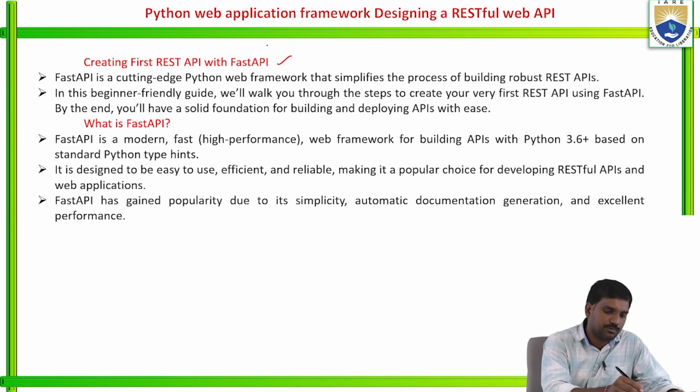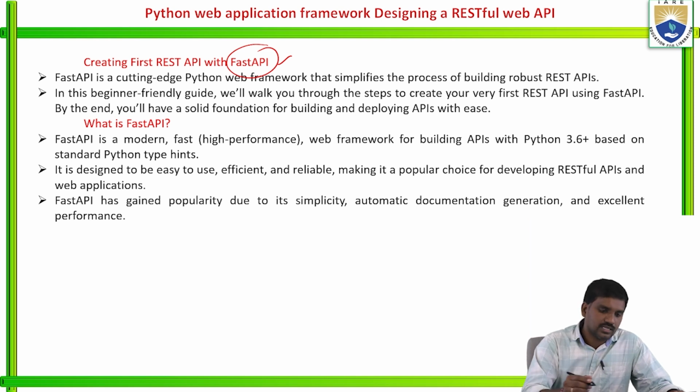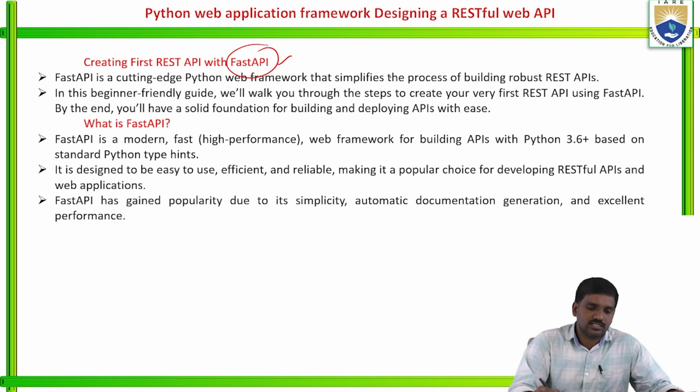FastAPI is one type of API that can be used to develop a Python web application framework. FastAPI is a cutting-edge Python web framework that simplifies the process of building robust REST APIs.